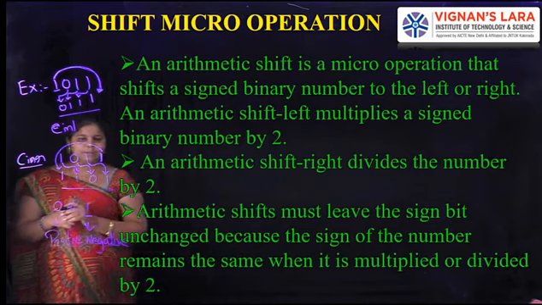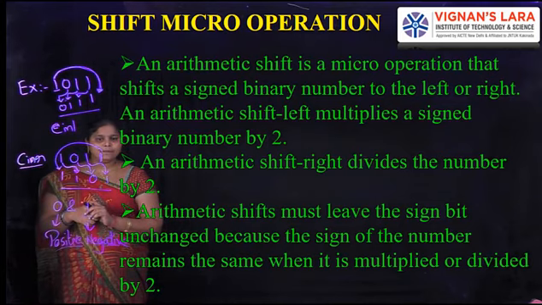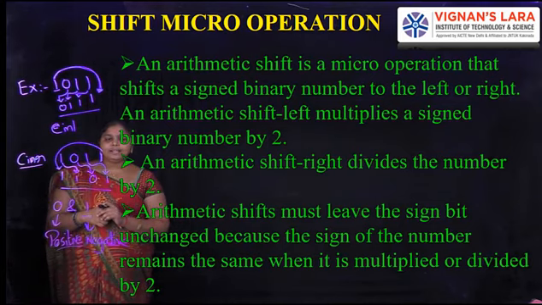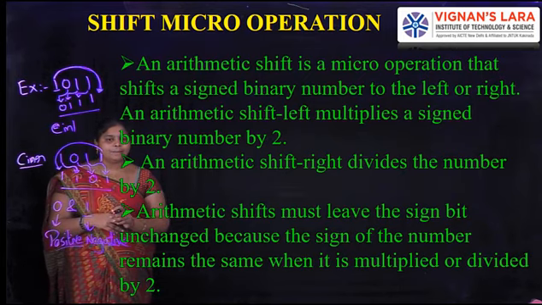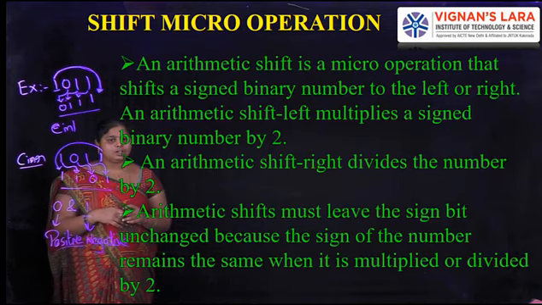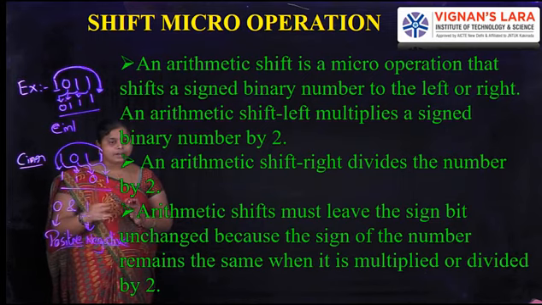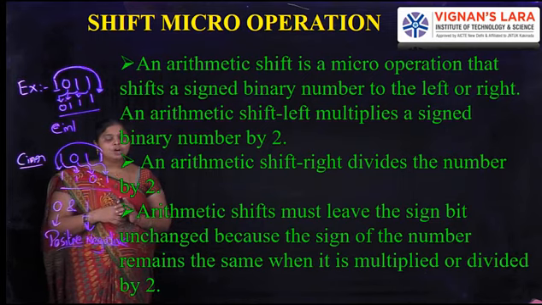Like logical and circular micro operations, arithmetic micro operations also have two types, as we already saw in the table: ASHL and ASHR.